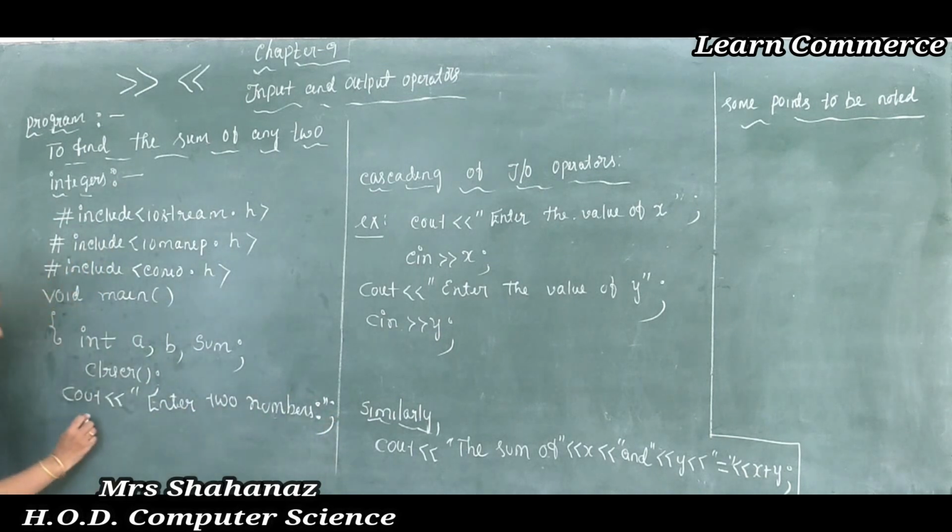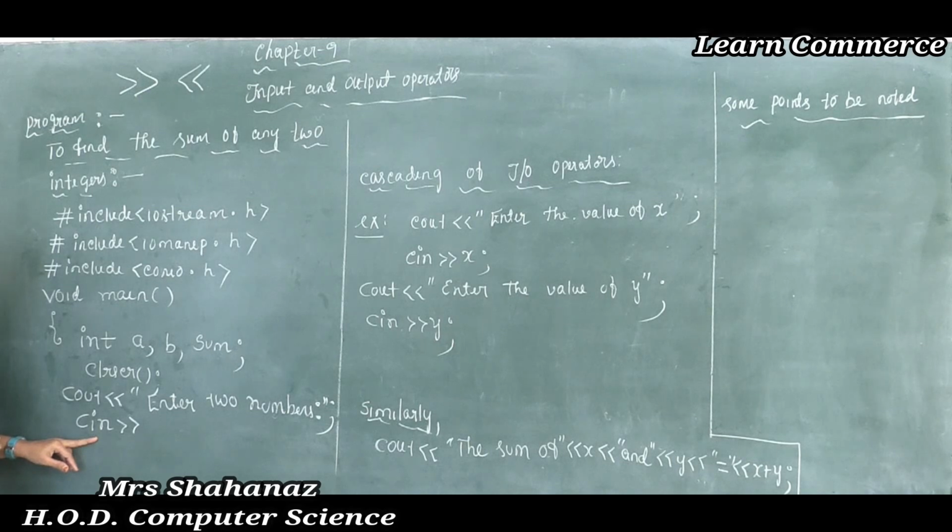Okay, now in this case I am inputting some values for A and B here. So how am I going to input the values for A and B? By using the cin function. As we know the working of the cin function, it takes the input, correct? That is given by the user.